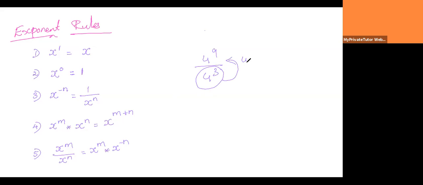So here 4 power 9 times 4 power minus 3, because we moved the denominator to the numerator, the exponent sign will change, isn't it? And then solve. The same thing, x power m minus n. We add the exponents when we are multiplying, but we subtract the exponents when we are dividing. I hope you guys understand that rule.